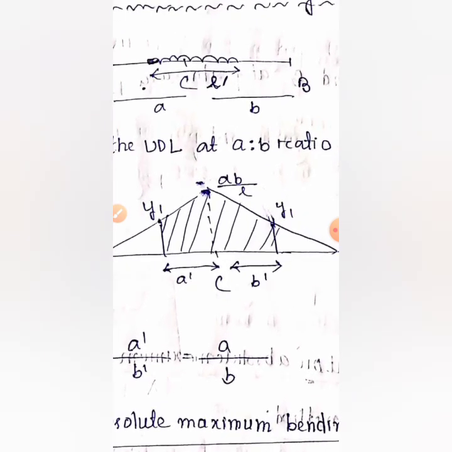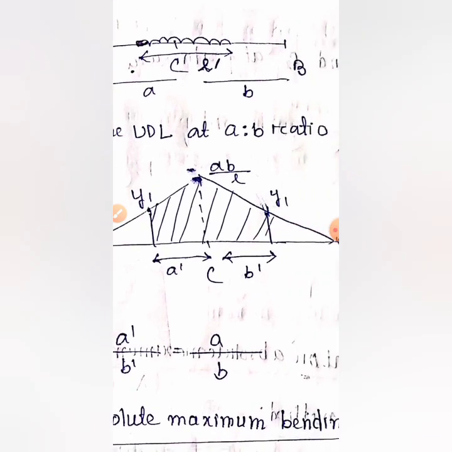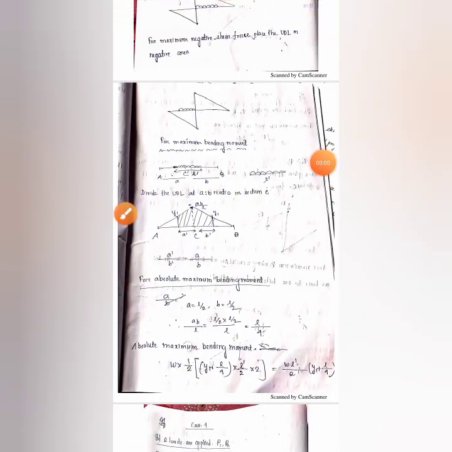Suppose we have placed the UDL so that the ratio is a' to b'. What are a' and b'? They are the spans over which the UDL is acting: from the left of section C it is a', and from the right of section C it is b'. According to my theory, a'/b' equals a/b, so the ratio will be the same.